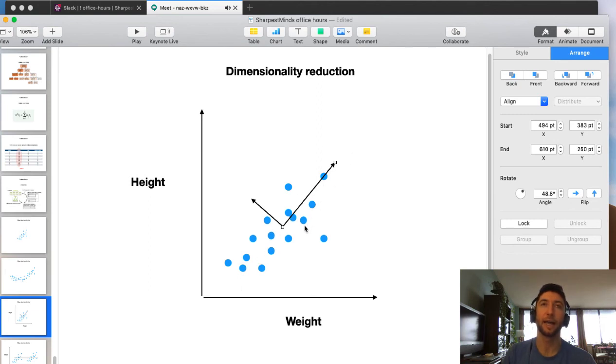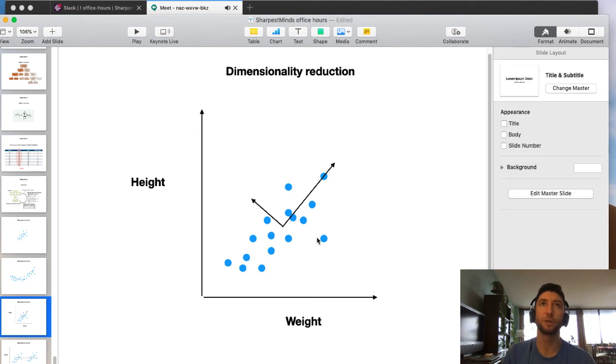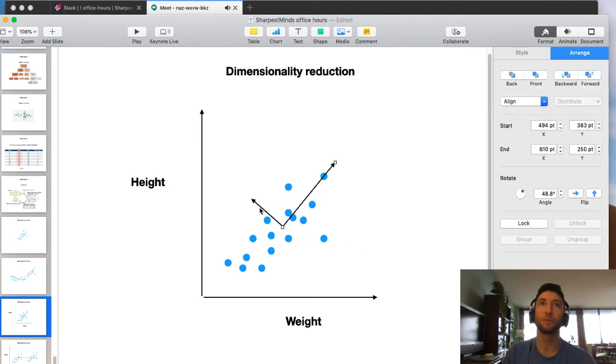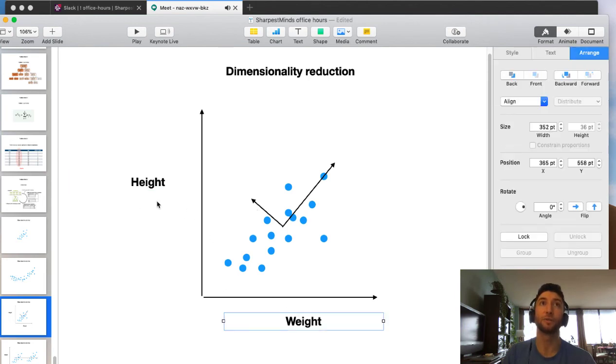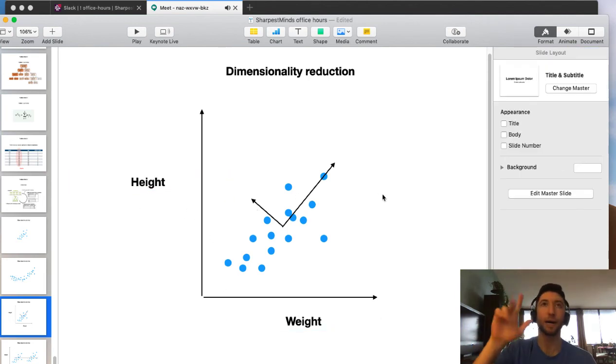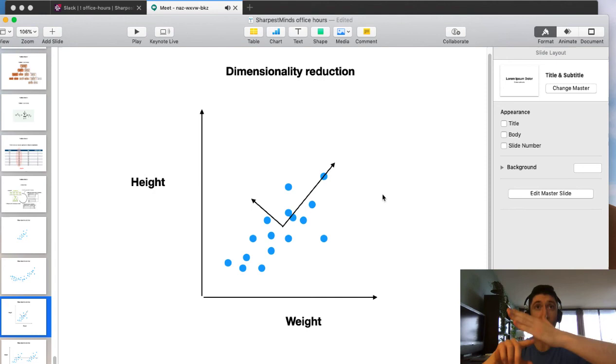This one here would be principal component 1, and this would be principal component 2. Both of these principal components are a mix of the 2 original features. The same would be true in higher dimensions. The equation for that plane is now going to be a function of height, weight, and arm span, or whatever the third dimension is.